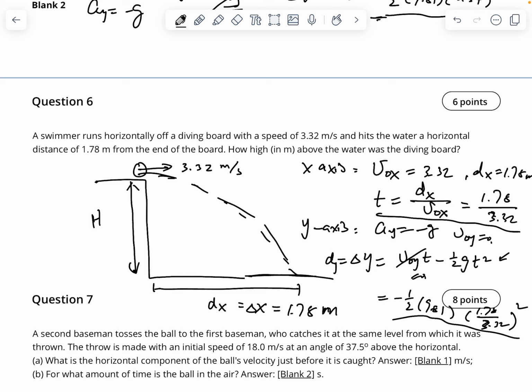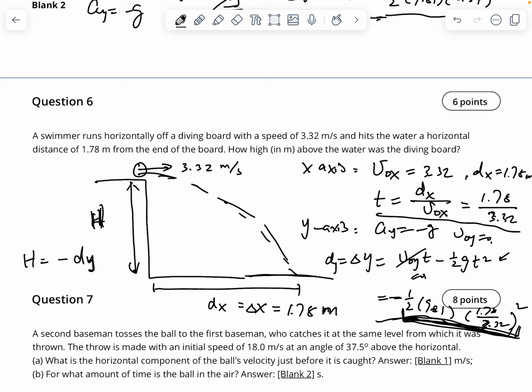And now you see h. H is a distance, right? You see this dy is negative, h is the magnitude of dy. So you fill in the magnitude of dy in the blank.